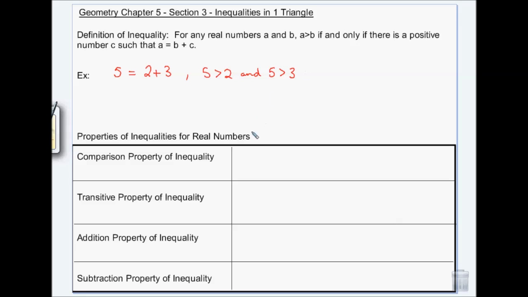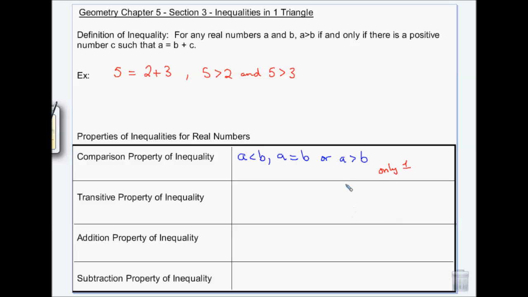So then we have some properties of inequalities. We're going to compare them. A is less than B, A is equal to B, or A is greater than B. And it's going to be only one of these things, right?